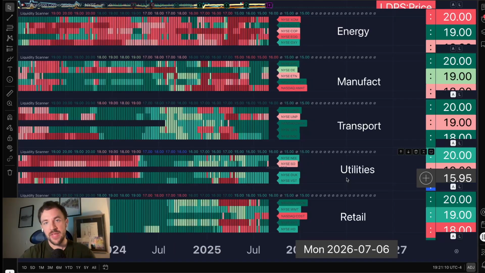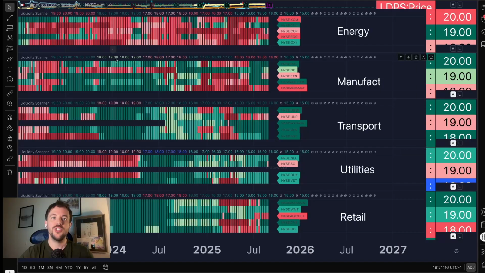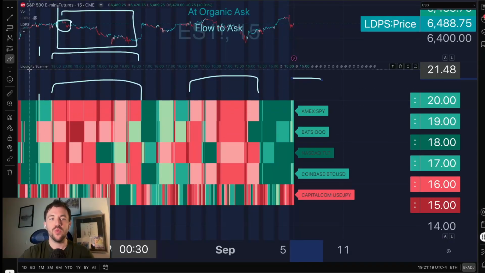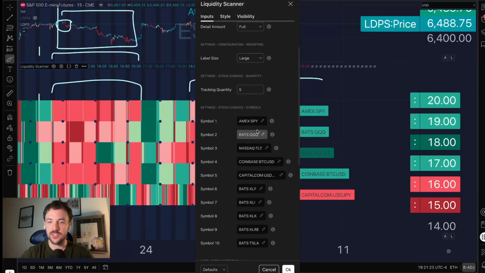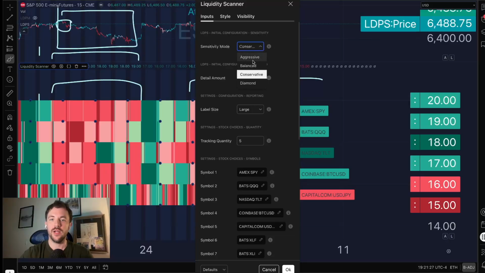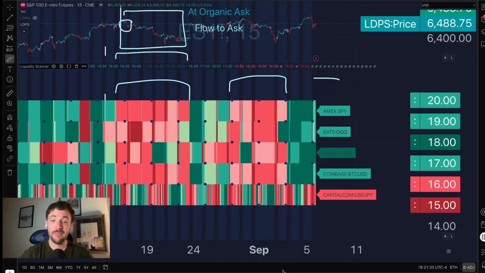And so, yeah, that is the gist of the liquidity scanners. I hope this has helped. Just as a super quick recap, remember, once you add it, you can select which equities you want to monitor. You can select if you want aggressive, balanced, conservative, diamond, temperament, and then you can have some fun.